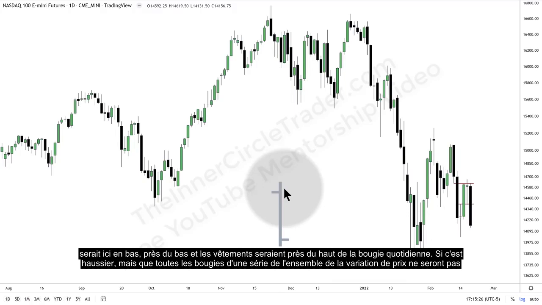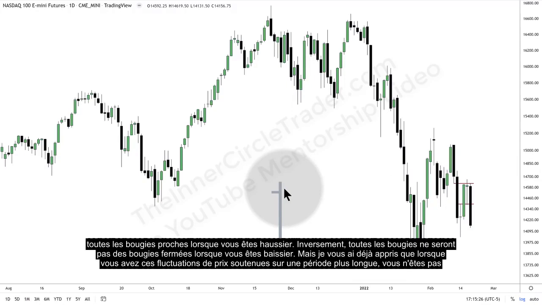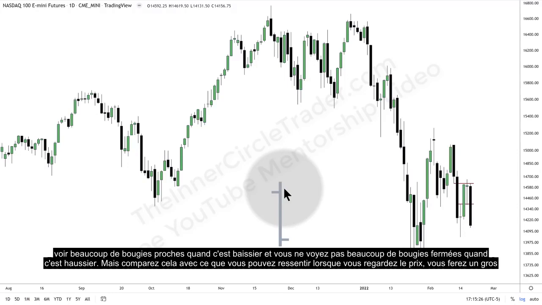But not every single candle in a series of the entire price swing is going to be all up close candles when you're bullish. Conversely, not every candle is going to be a down close candle when you're bearish. But I've already taught you, when you have these sustained price swings on the higher time frame, you're not seeing a lot of up close candles when it's bearish.